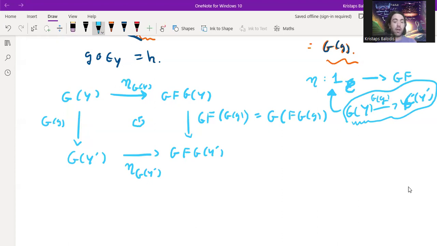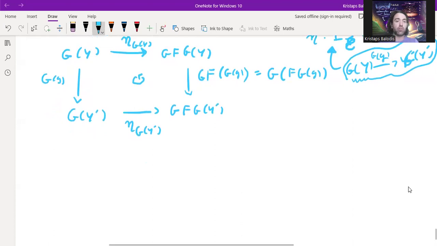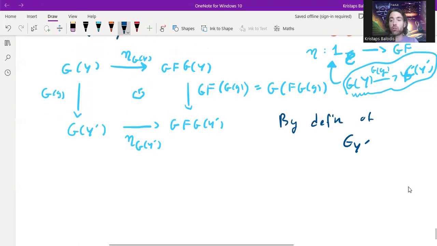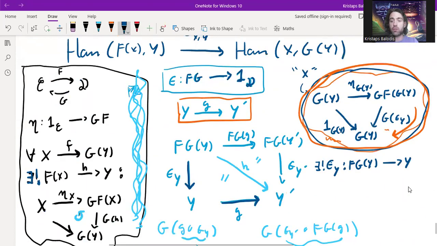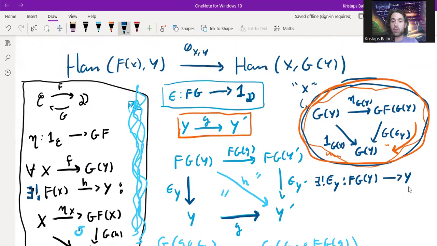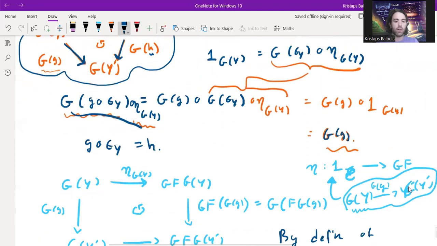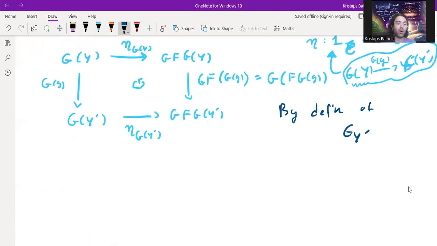And then by the definition of epsilon sub y prime, which I didn't write out explicitly, but if I scroll back up here, remember how we defined epsilon sub y, so that works for all y, including y prime. Well, I'm going to draw the diagram now. We also get a commuting diagram, right?